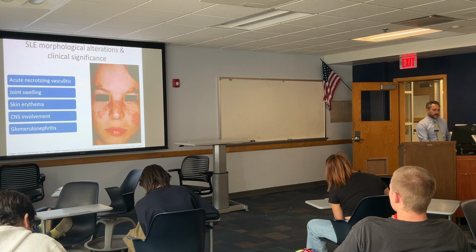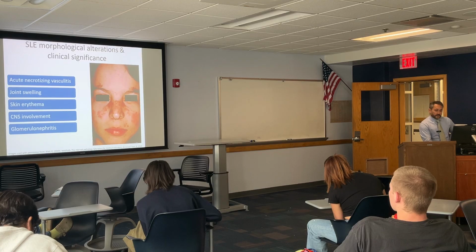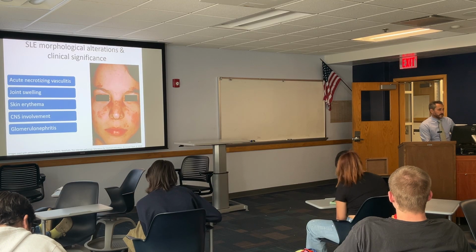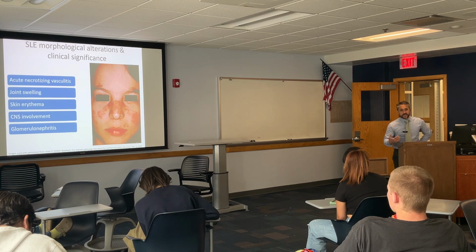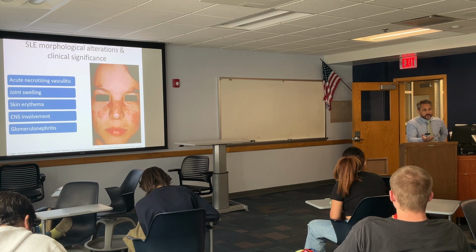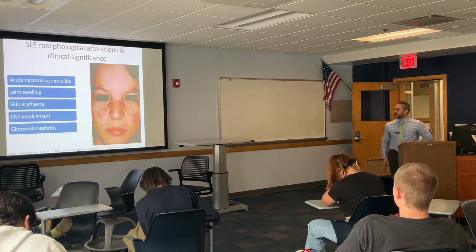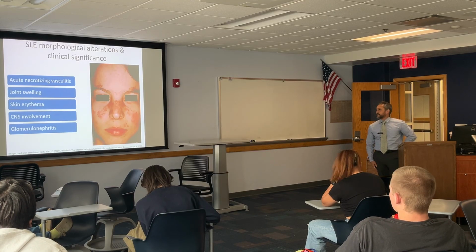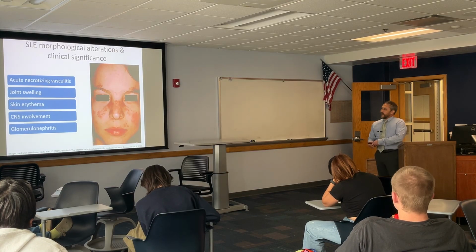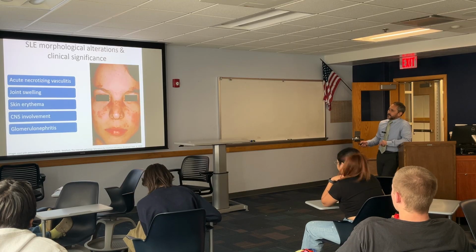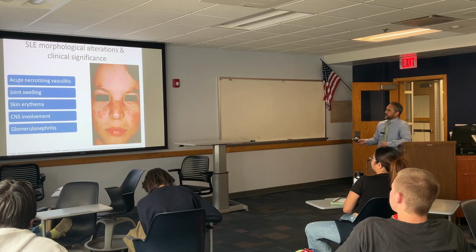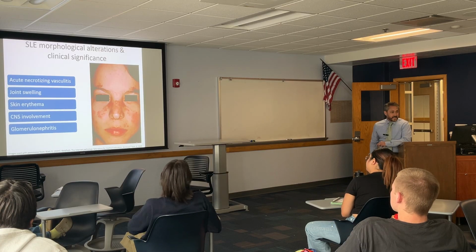These patients tend to be very photosensitive, meaning it gets worse with exposure to sunlight, which should make sense because UV light is a mutagen, and so this can be exaggerated under extreme exposure to sunlight.